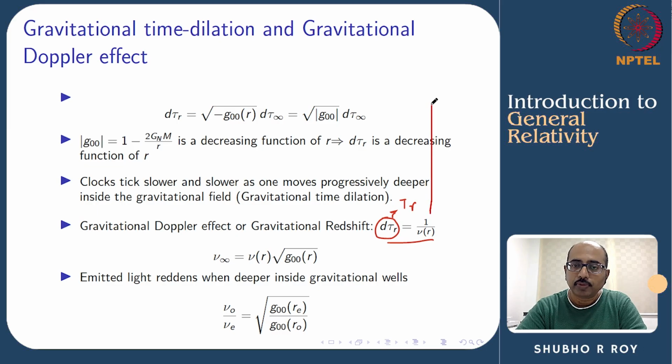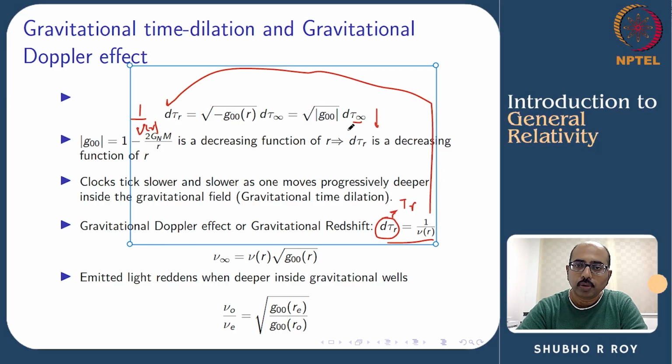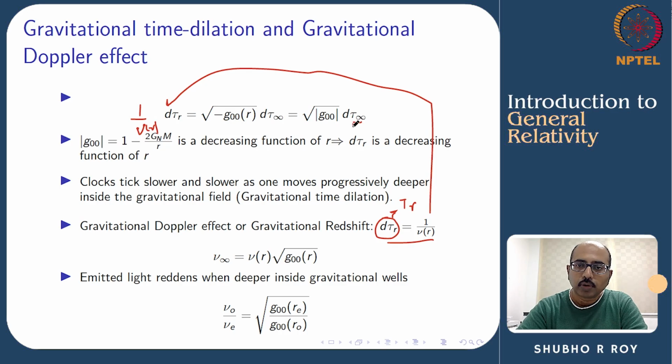And if I plug this on both sides, so 1 over T at r, or 1 over nu r, and this is the frequency of oscillation at infinity, 1 over nu infinity, then we get this equation. By inverting both sides, we say that the frequency of oscillation at infinity is equal to the frequency of oscillation at the radial location r times root g00 at r.